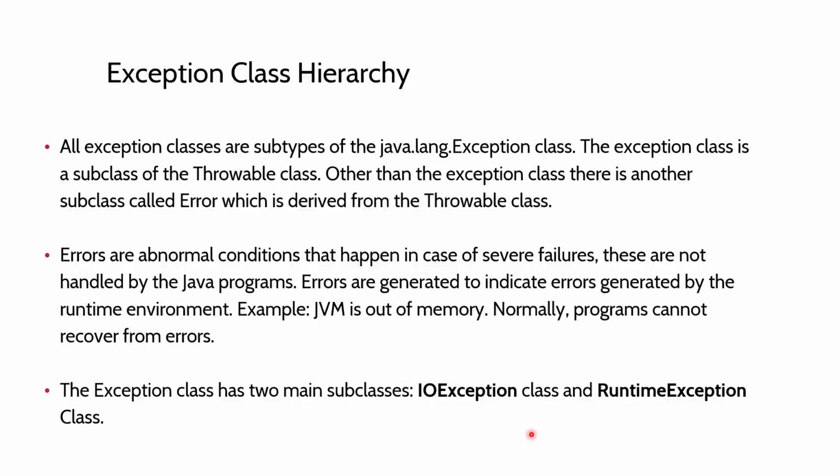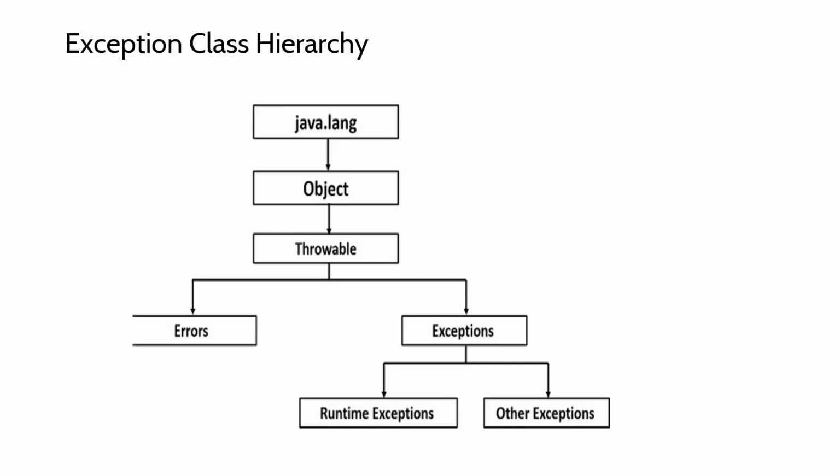And the exception class has 2 main subclasses. So IO exception inherits from exception, and runtime exception also inherits from the exception class. You can see here the hierarchy of the class exceptions. From the Java Lang, from the object class, we have our throwable class.